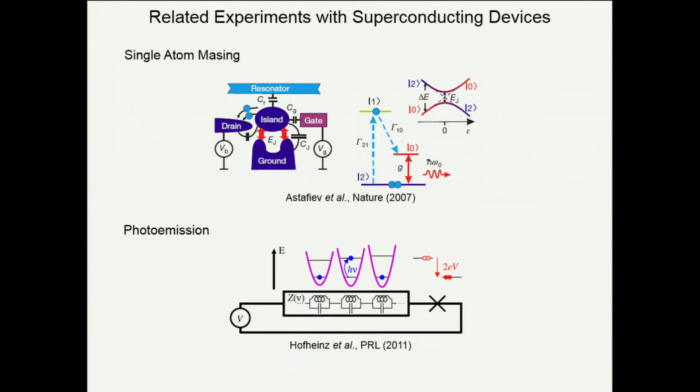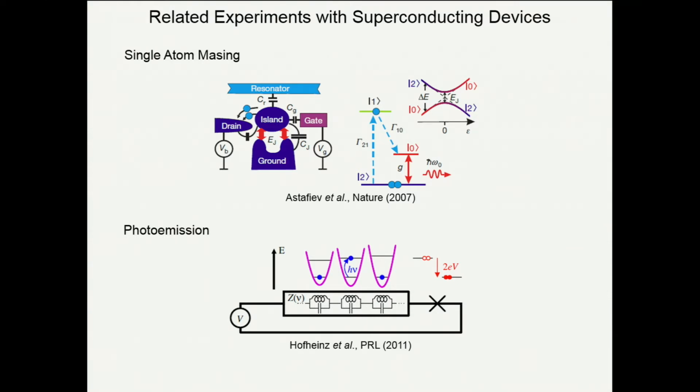All right. Just want to point out, there have been related experiments looking at photoemission from superconducting devices. This is work by Astafiev et al. from 2007, showing that they could take a Cooper pair box and voltage bias it and see photoemission. It's also from Max Hofheinz, a group in France, showing that they could take a Josephson junction and couple it to a cavity in the low quality factor limit and see photoemission.